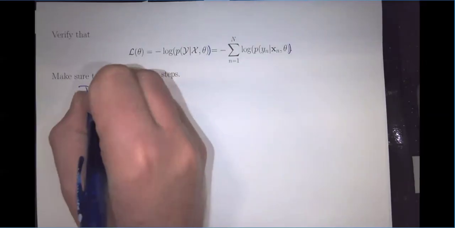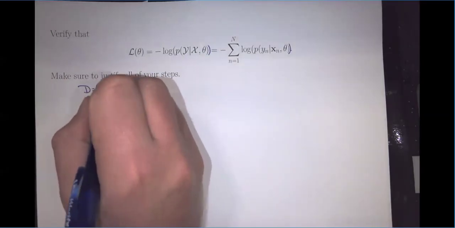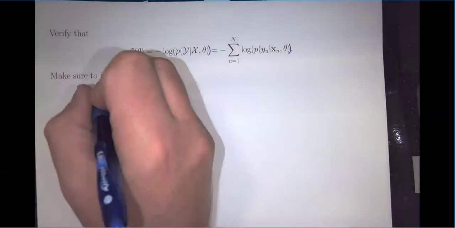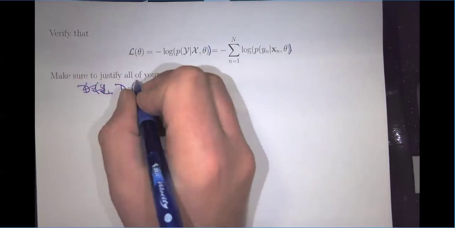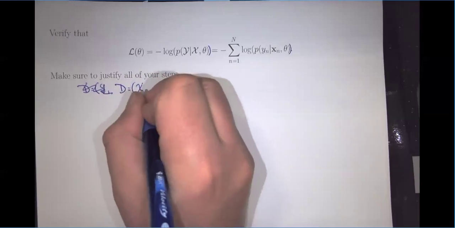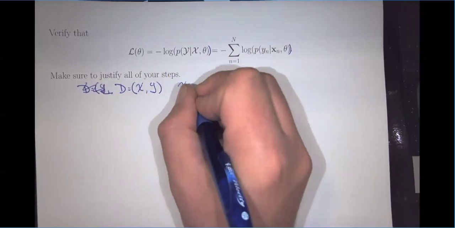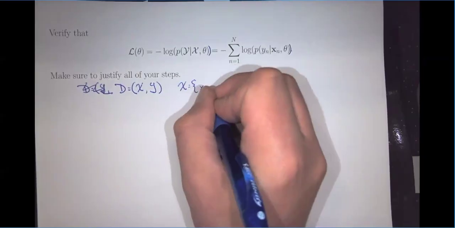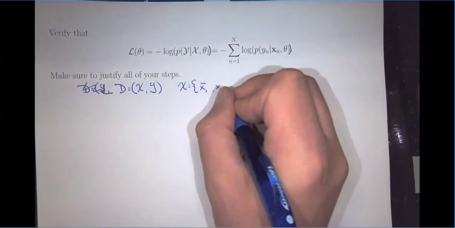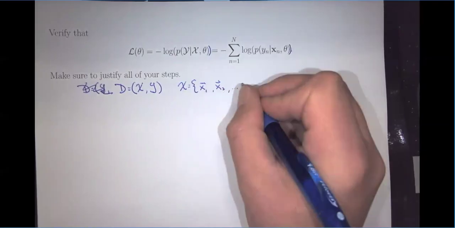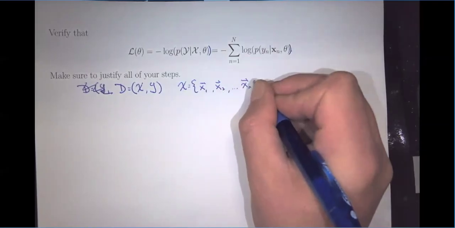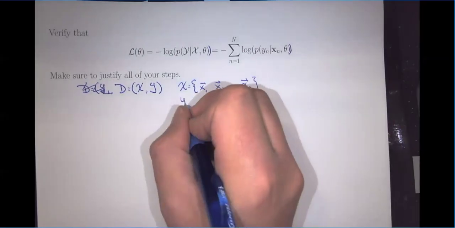We're looking at a data set D, which is a bunch of ordered pairs where the input value comes from the set X, and the result comes from the set Y. So X is a bunch of vectors, X1, X2, up to Xn, and Y is a bunch of targets.